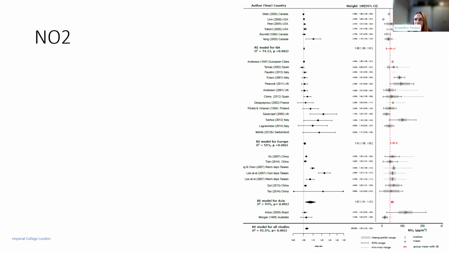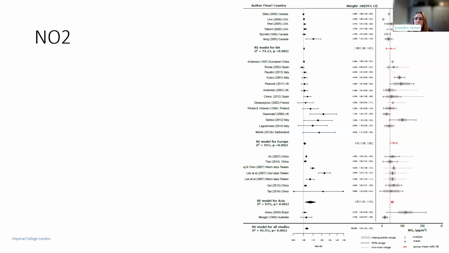Just to highlight one of the results from that systematic review, this was looking at NO2. The key things that I want you to take away from this are, firstly, that there's enormous global heterogeneity, and that it's really difficult, but this is what people were doing, extrapolating what was going on in one particular environment and applying it to another environment.